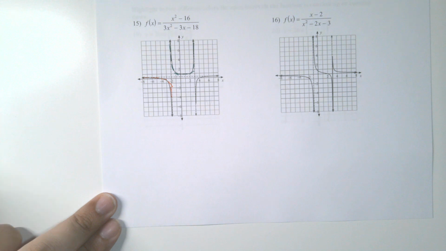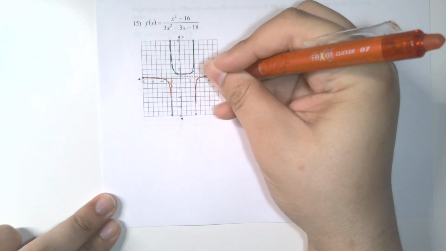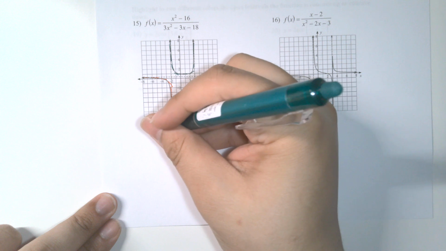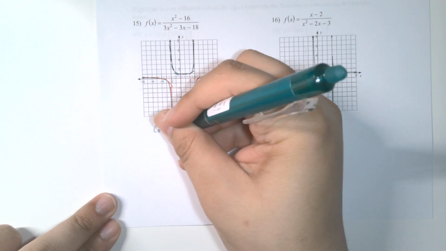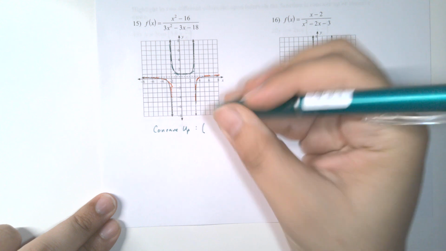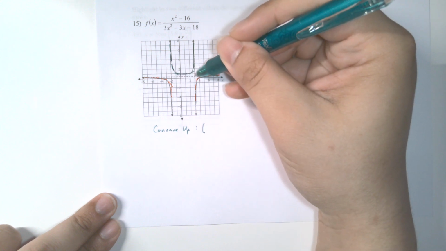So this is concave down. So you say concave up on this interval from negative 2 to positive 3.